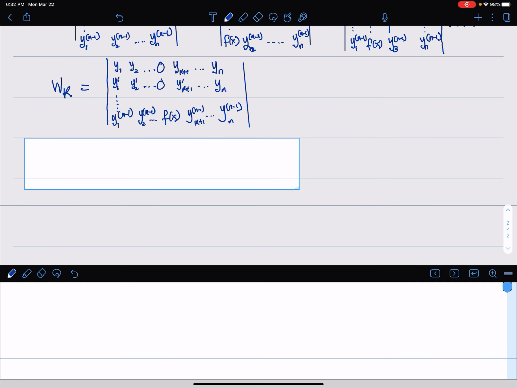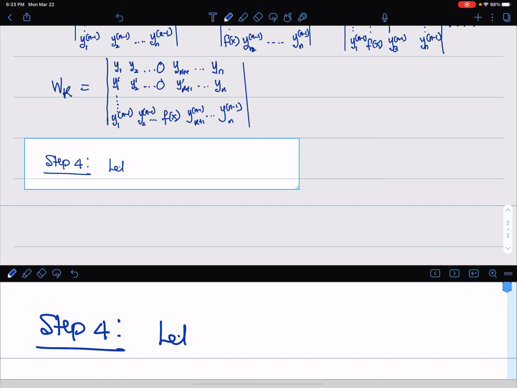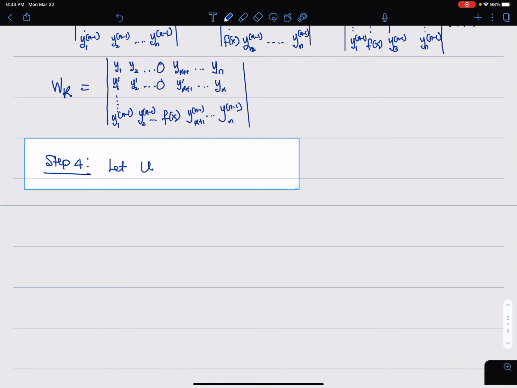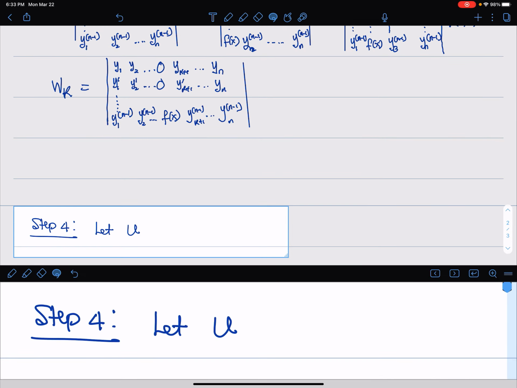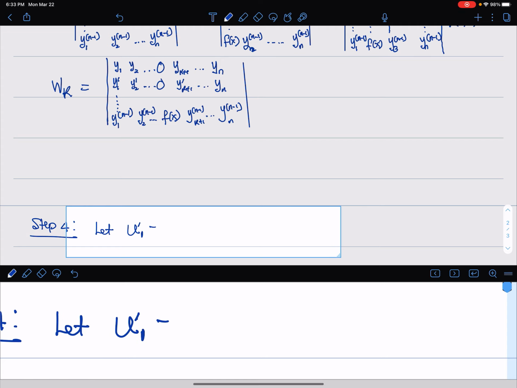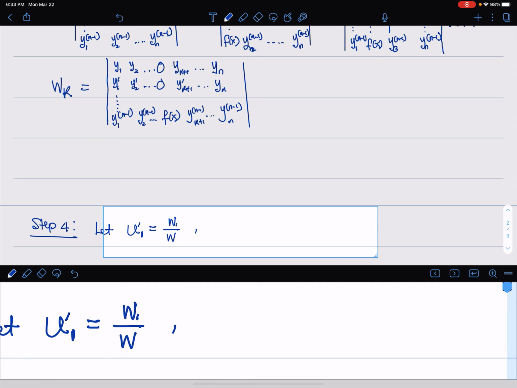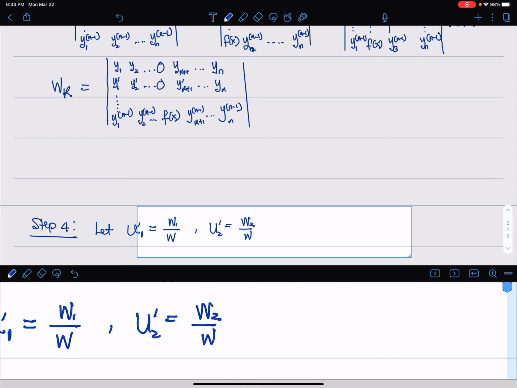Step 4 is to define the following. We're going to define what we call our U's. U1 prime is W1 over W. U2 prime is W2 over W, and so forth.